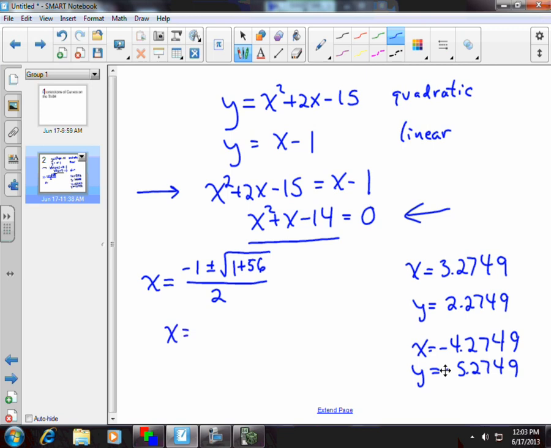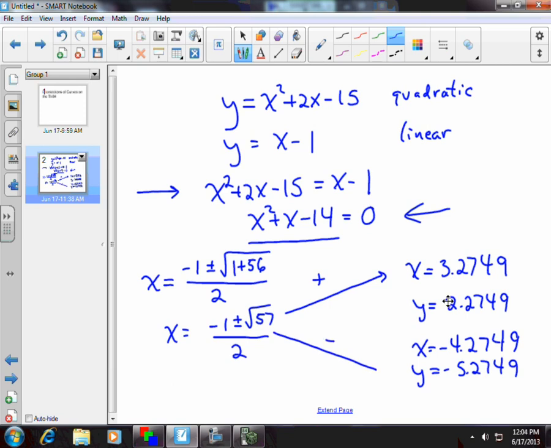So x is equal to -1 plus or minus the square root of 57 over 2. So there are 2 x values. You can tell that the plus is that, and the minus is that.